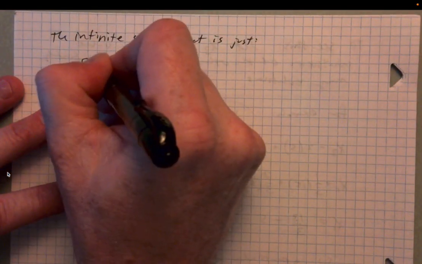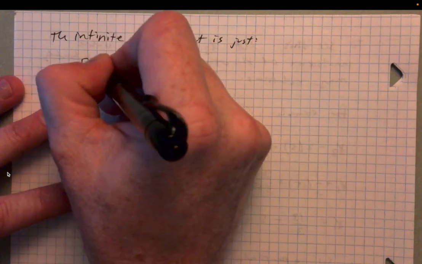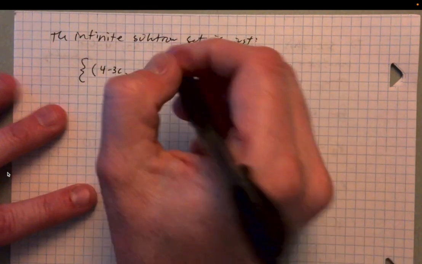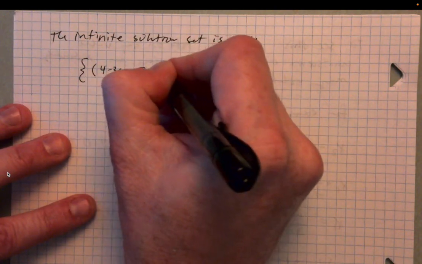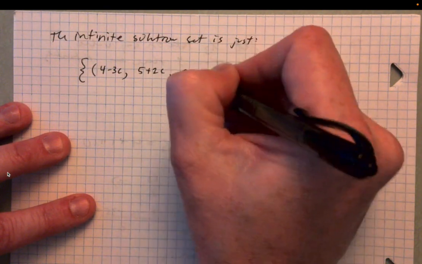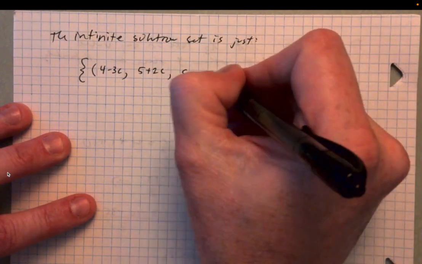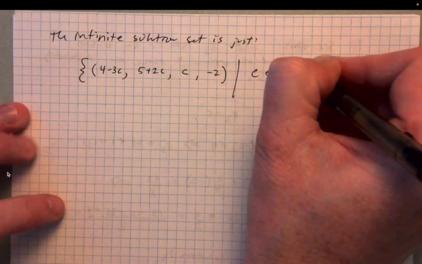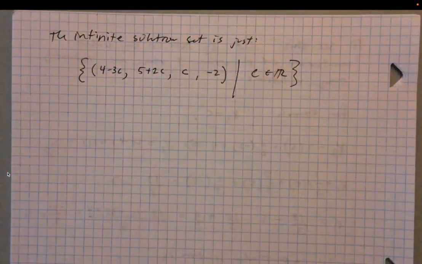It's a set, and the first component of the tuple is 4 minus 3c. The second component of the tuple is 5 plus 2c. The third component is c, that's x3, and then your x4 is always -2, such that c is a real number. Any real number you choose will spit out a particular solution.